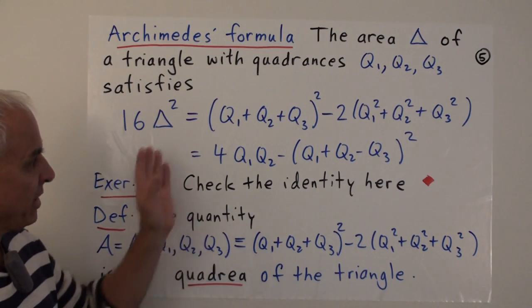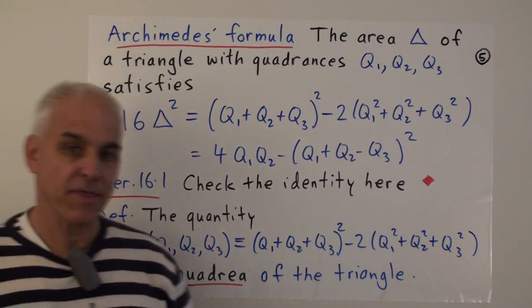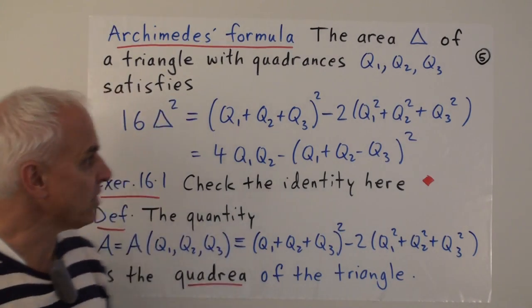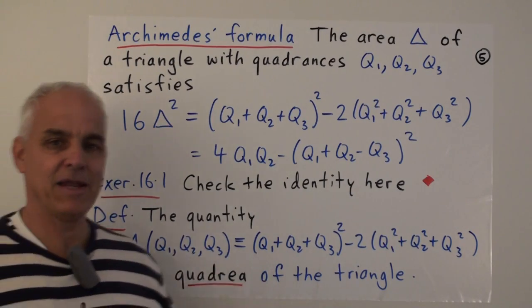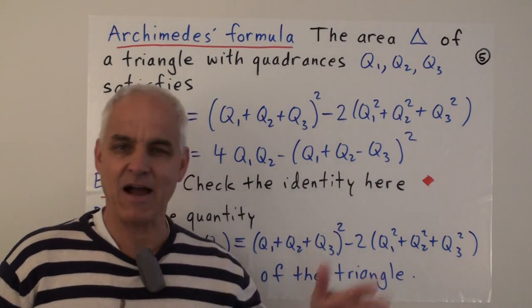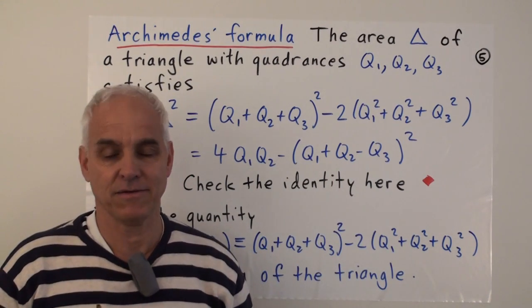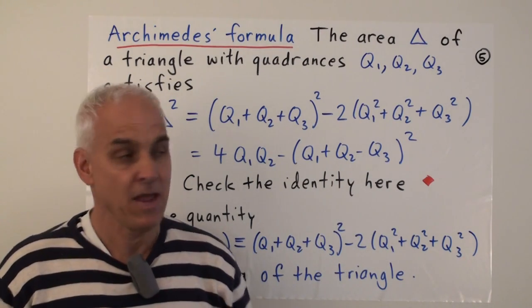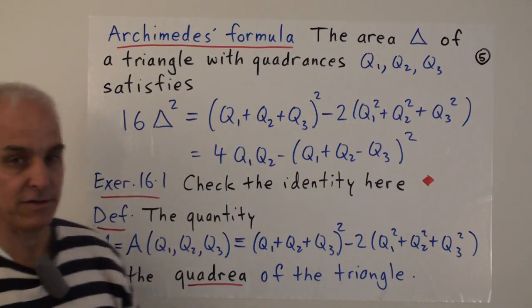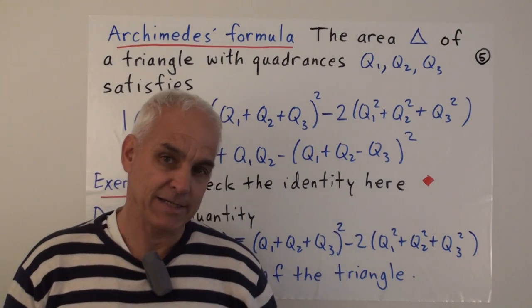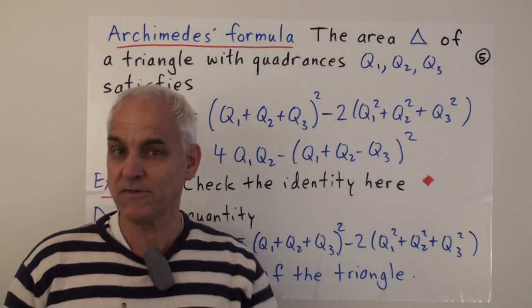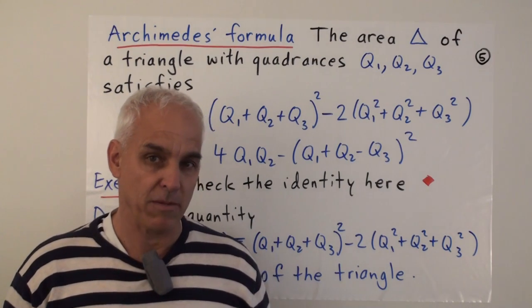This formula really was only clearly laid out, I think, in my book for the first time. Although in reality, many people will have discovered this at some level over the last few millennia. I'm going to attribute it to Archimedes because, first of all, Heron's formula was probably known by Archimedes.